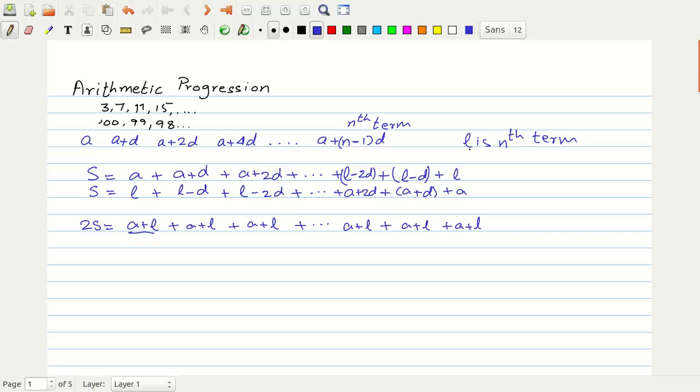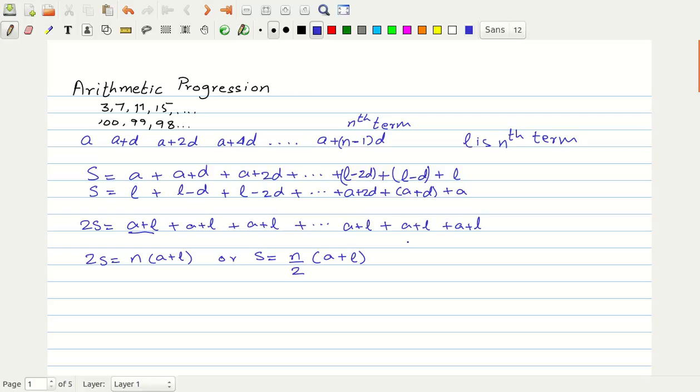If L is the nth term, it is added n times. So 2S is equal to n times (A plus L), or the sum of the arithmetic progression is n by 2 times (A plus L).